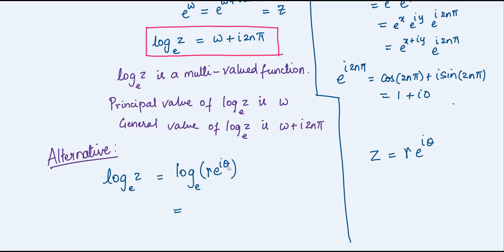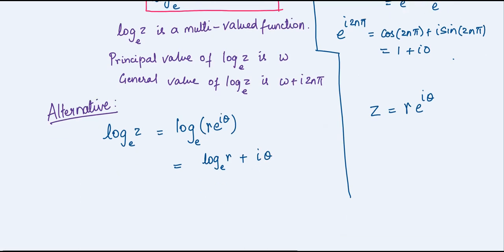This is argument of z is theta. So we get log r, which is the modulus, plus log e power i theta, which is i theta. So we can write this as log mod z, that is log r, plus i times argument of z.